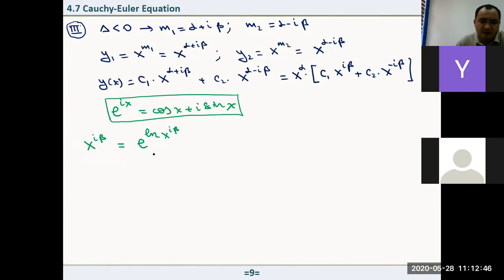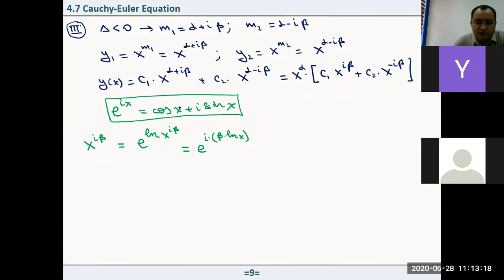I'm doing nothing here. So now, by using the property of natural logarithm, this power comes to the front, so I can write it as e to the power i times beta times natural logarithm of x, right? Now it's exactly in this form, but instead of x, here we have beta times natural logarithm of x.